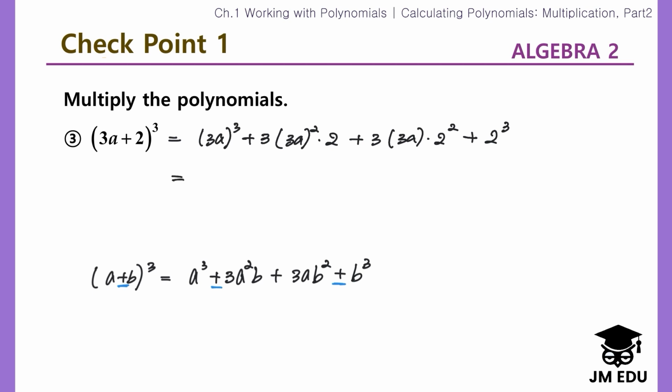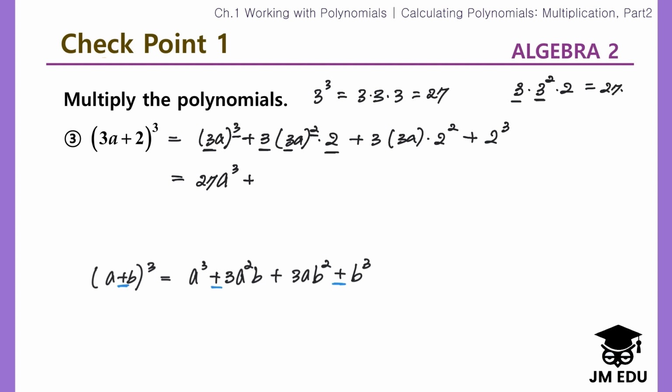So that is equal to 3 cube. 3 cube is 3 times 3 times 3. That's 9 times 3, 27. So 27a cube plus, here we have 3 times 3 square times 2. That is 3 times 9, that's 27.